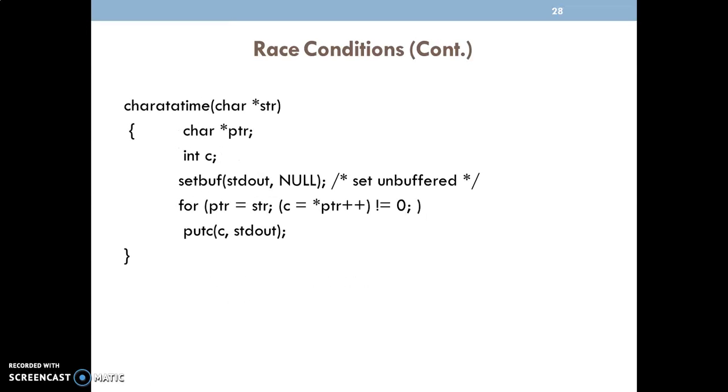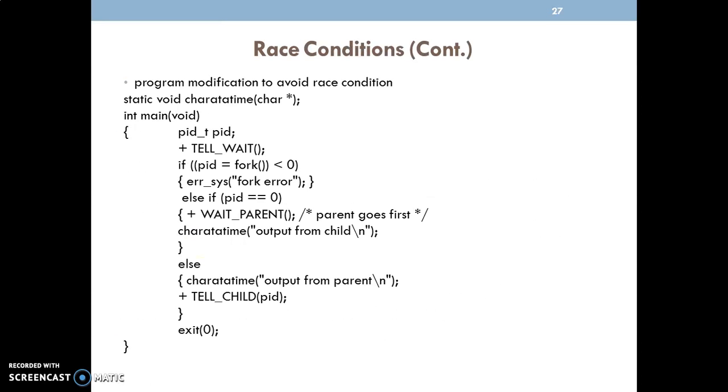Again, this is the same function I used earlier, so we get the output in a synchronized manner, fetching character by character and putting the same thing on the screen. By using these macros, TELL_WAIT, WAIT_PARENT, TELL_CHILD, and WAIT_CHILD, TELL_PARENT, we can achieve process synchronization. We will continue in the next video.